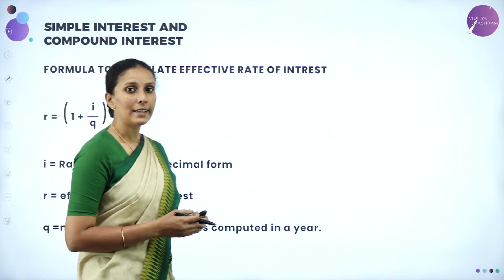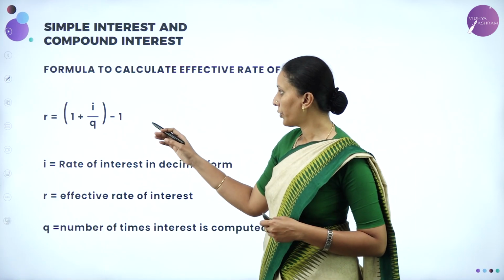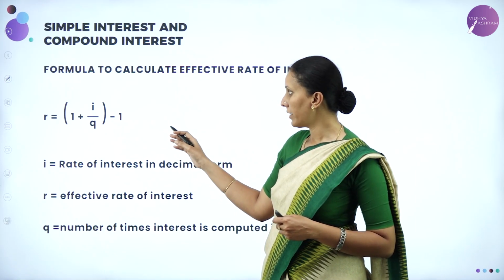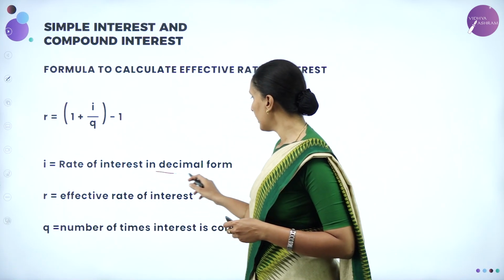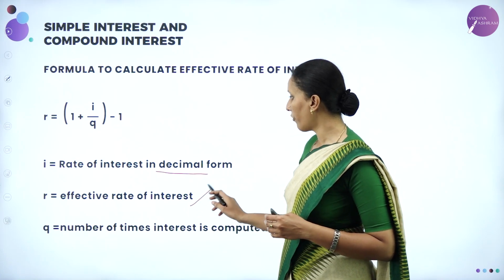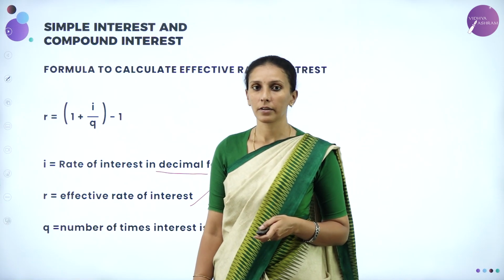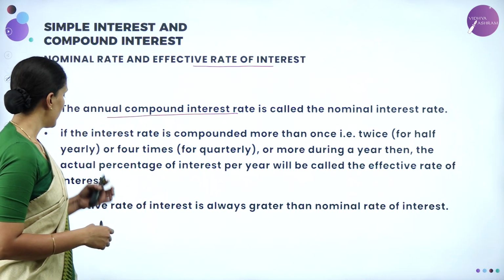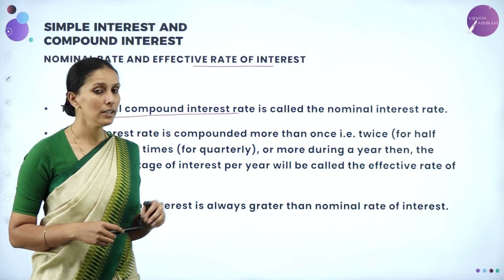The formula to calculate the effective rate of interest is given by R is equal to (1 plus I by Q) to the power Q, minus 1. So here I is the interest rate in decimal form, R is the effective rate of interest, and Q is the number of times interest is compounded in a year. Thus, the effective rate of interest will always have a greater value than the nominal rate.